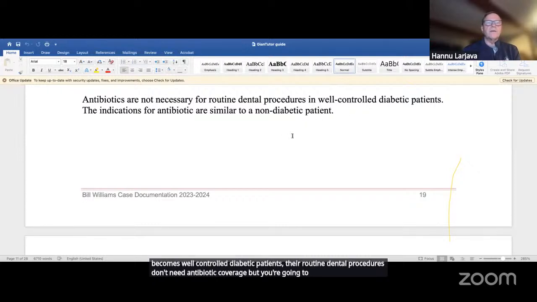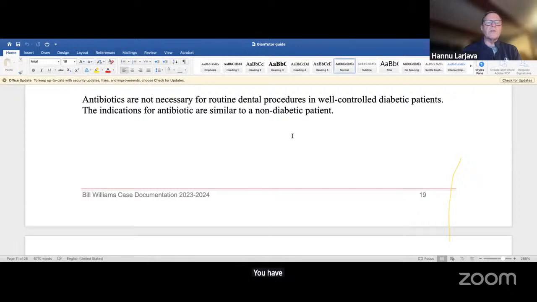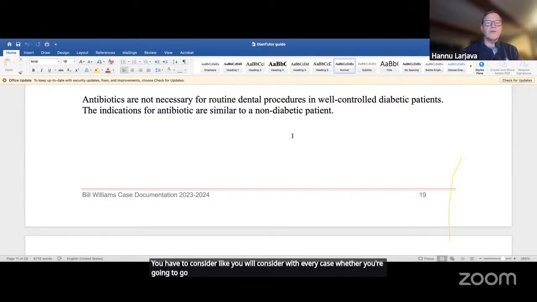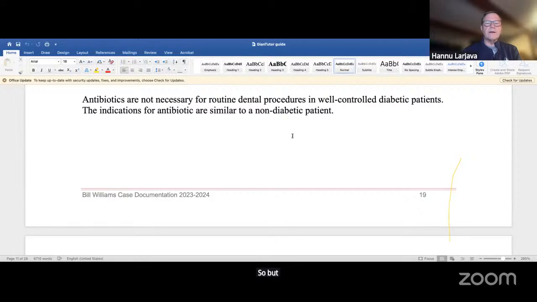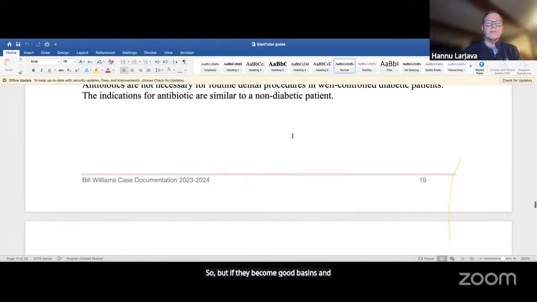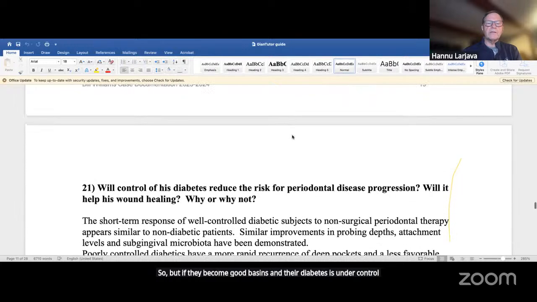But you have to consider, as with every case, whether you are going to go with the shotgun approach with amoxicillin and metronidazole. We usually try to limit the patients who get that shotgun kind of antibiotic regimen because it's pretty harsh. But if they become good patients and their diabetes is under control, they don't need antibiotics.